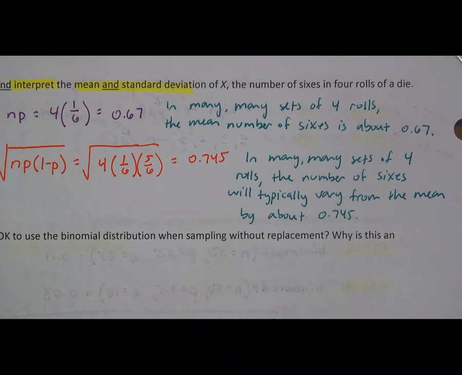That is the meaning of standard deviation. Let me double check and make sure that's right. I know that it's weird to say that the number of sixes you're going to roll is 0.745, but we're talking about in the long run.